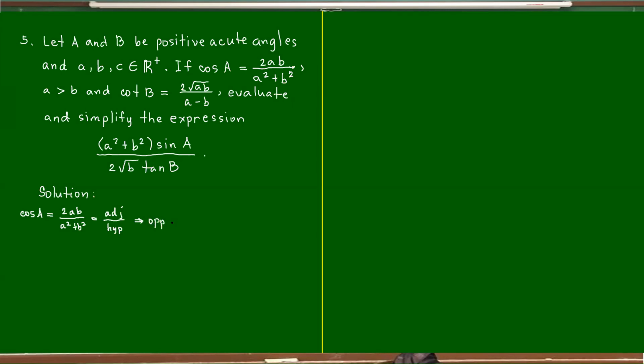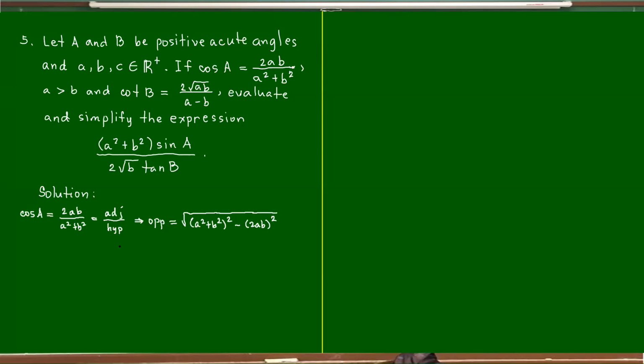Opposite is equal to square root of the square of the hypotenuse, that is (A squared plus B squared) quantity squared, minus the square of the adjacent, we have (2AB) quantity squared. Okay?